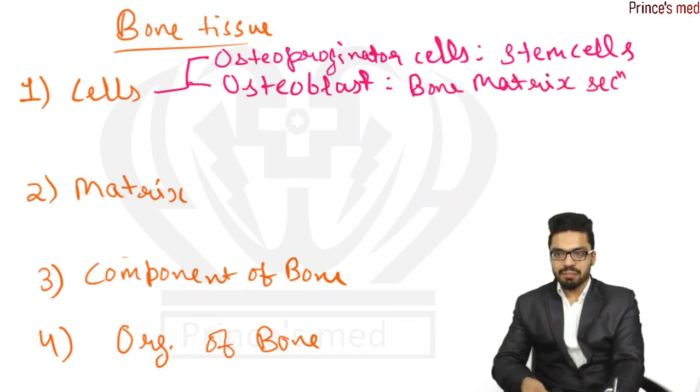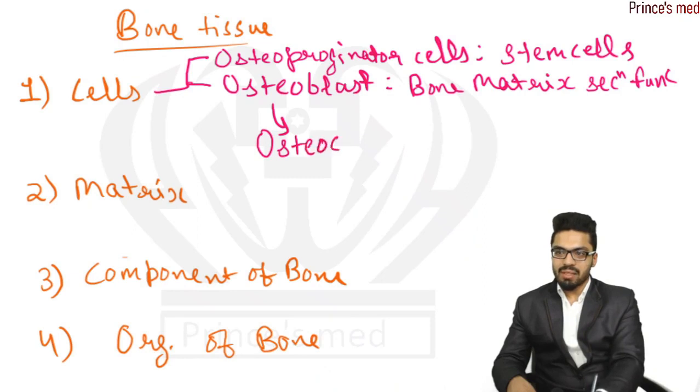Further, when an osteoblast matures, it doesn't secrete bone matrix; it has only the function to maintain the serum calcium level, and it is known as an osteocyte. Means an osteocyte is not a new cell, it is just the mature form of the osteoblast.